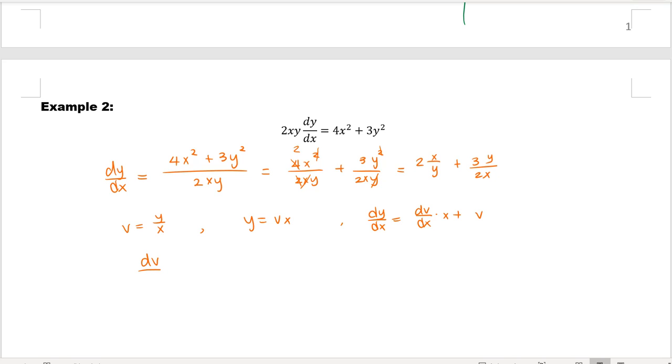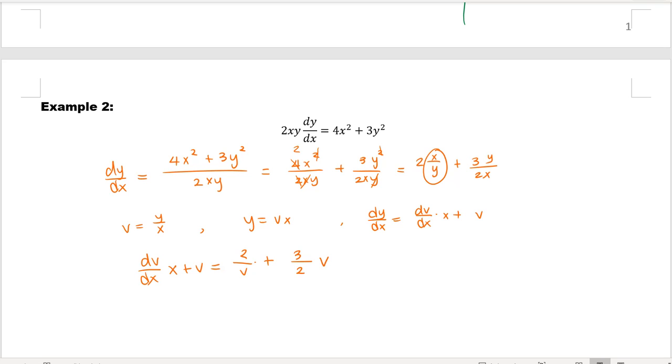So we have dv/dx times x plus v equals 2. This guy, x over y, is actually 1 over v. Okay, so 2 over v, plus this guy is 3 over 2v. So far, so good, everyone?